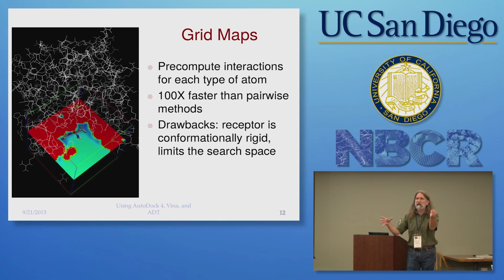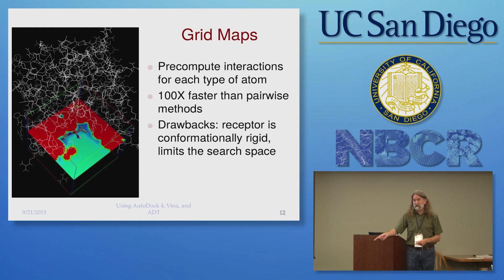So you take a carbon atom and you run it through that whole grid, calculate the energies at the beginning, and then you use that as a lookup table through your whole docking simulation. It speeds up the calculation immensely because you're not calculating those pairwise interactions between the ligand and the receptor at every single pose you're testing. So it speeds stuff up a lot.